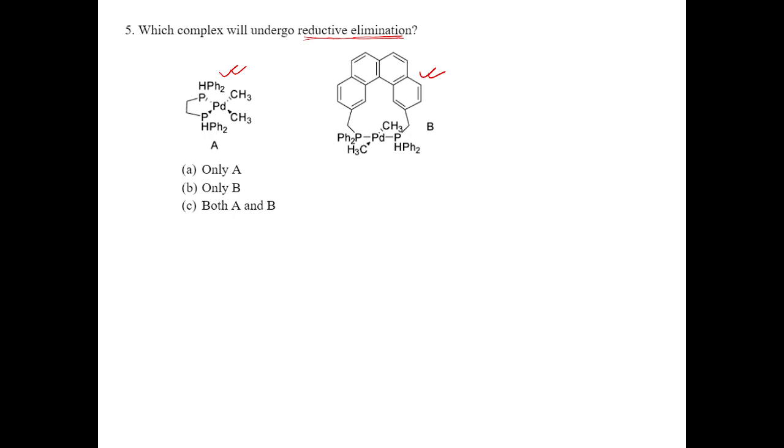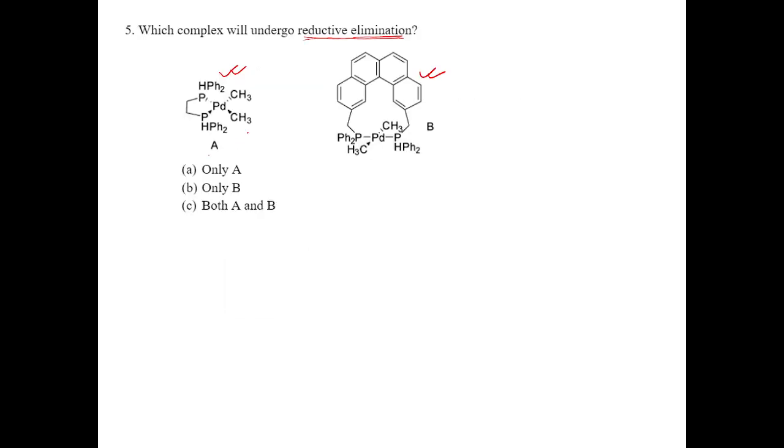Okay, so in both the cases, the only possible way to do the reductive elimination is with these two ligands, right? This methyl ligand. So eventually it should form ethane.